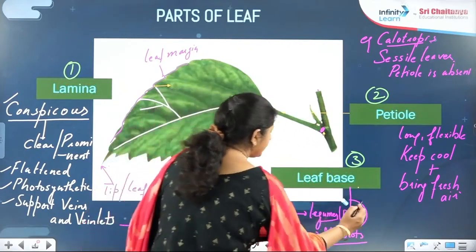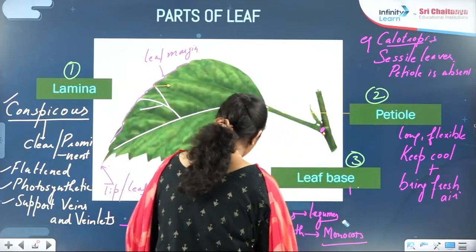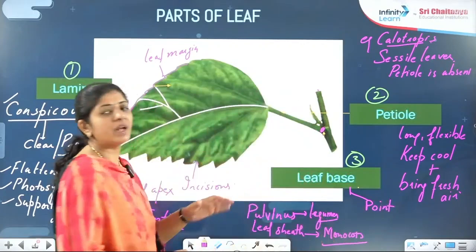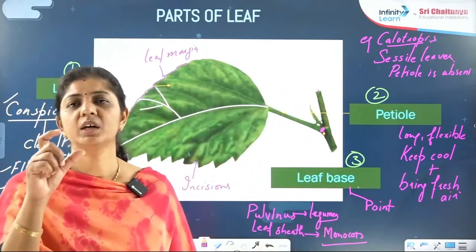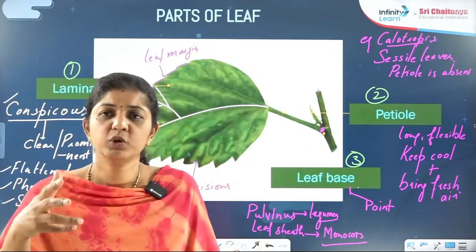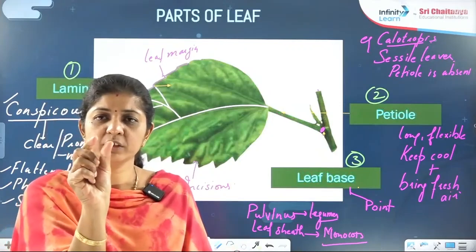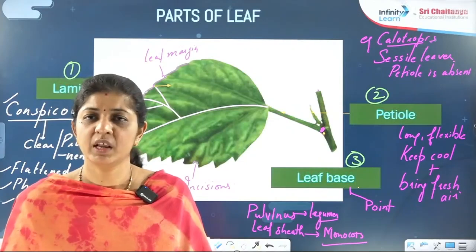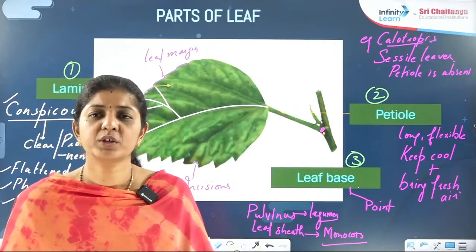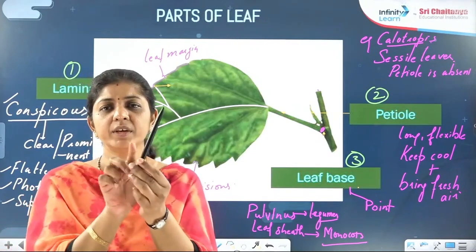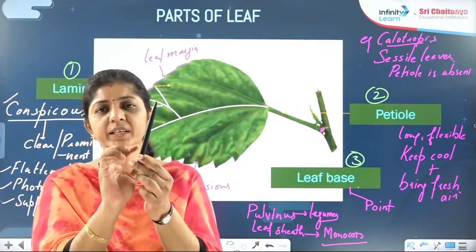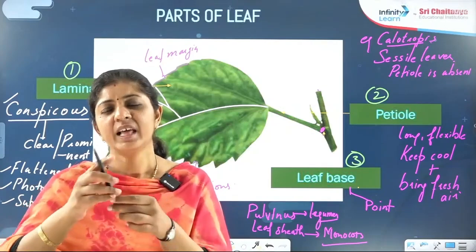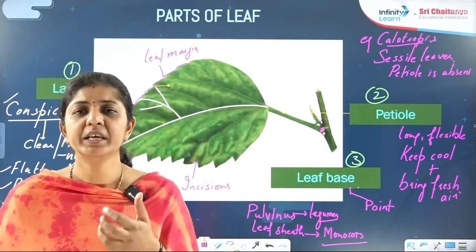The leaf base is the point of connection of the leaf with the main stem. Now what is the pulvinus? When you see the leaf of legumes, you will find at the base a swollen, cushion-like structure, which you call the pulvinus. It is a feature of legumes. Whereas in monocots, when the leaf comes out, its base covers the stem completely or partially, and that structure you call a leaf sheath.